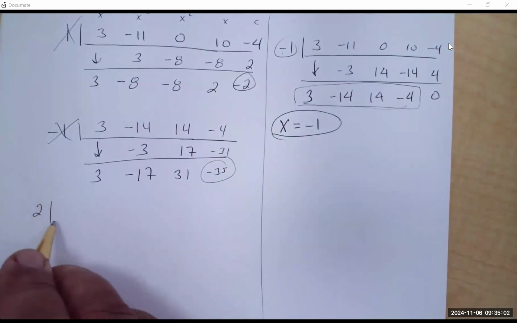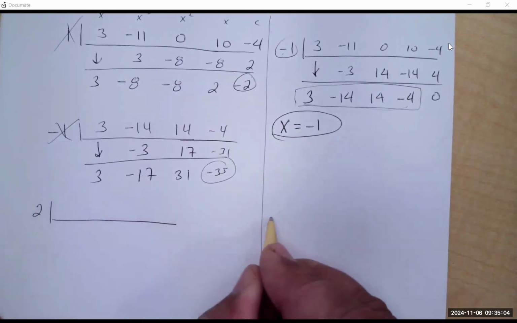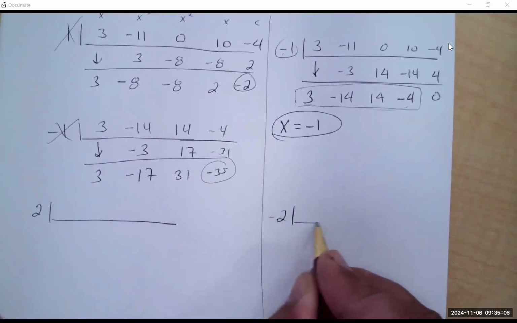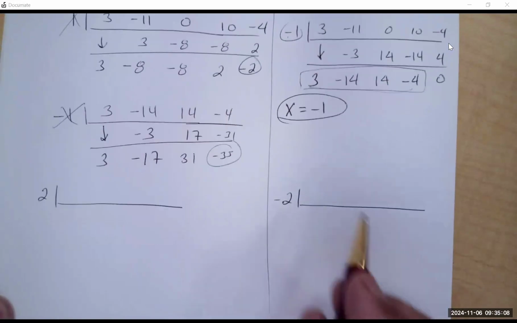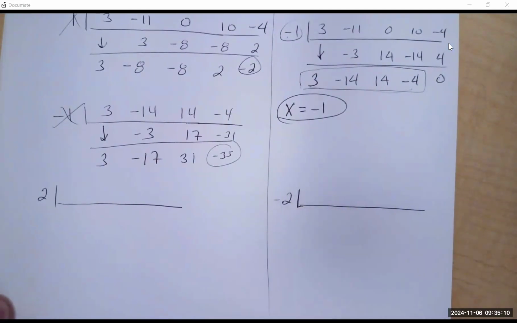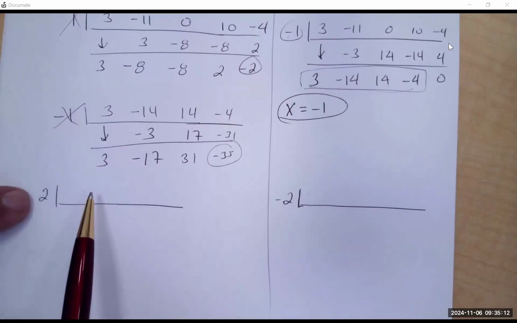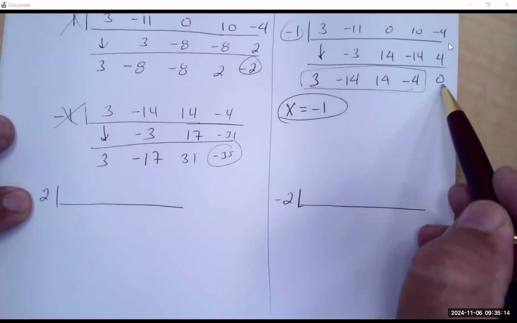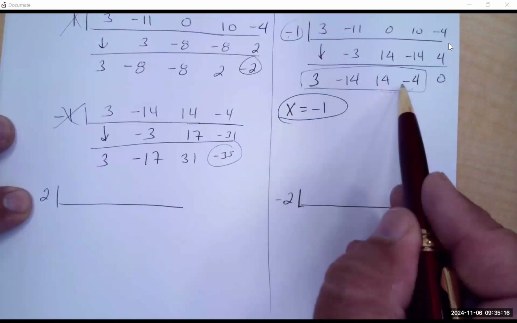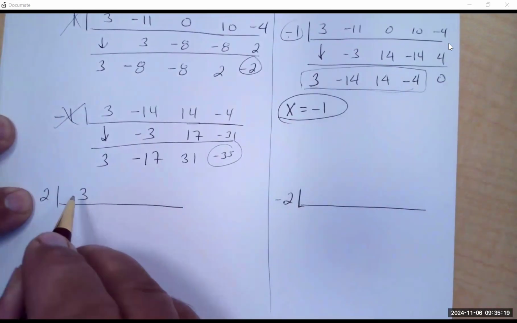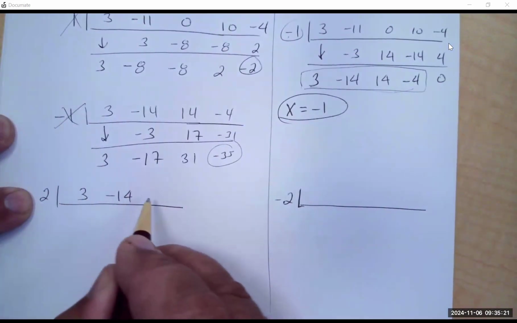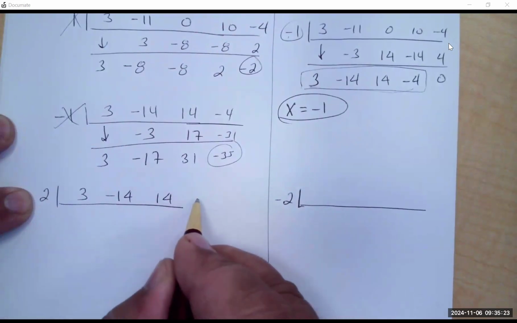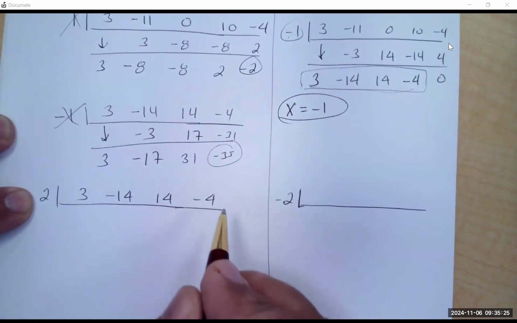Try 2 and -2. But remember, you don't have to go back to the original equation. Since we have a 0, this is the equation we have to look at now: 3, -14, 14, -4.